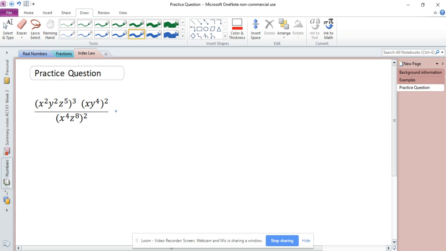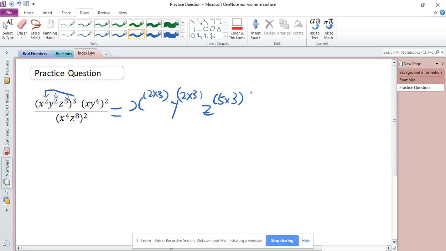For instance, I apply the 3 into each component. So I have x to the 2 times 3, y to the 2 times 3, z to the 5 times 3. Do the same thing for the other terms.